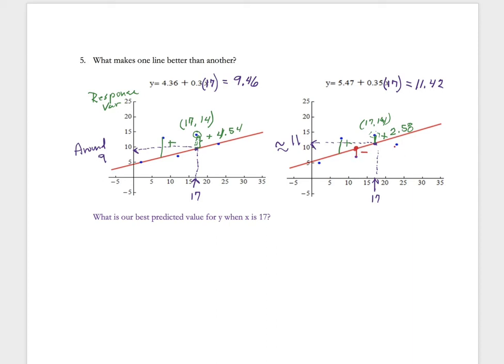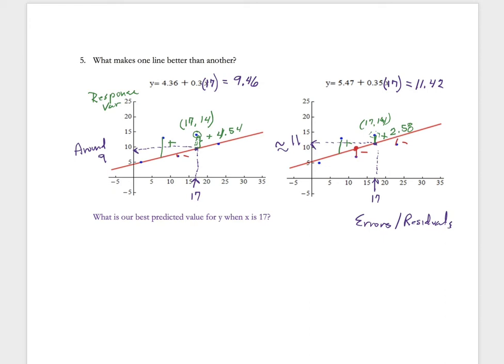We would have to move back down. Okay, so each of these errors can also be called a residual. Errors and residuals are the same thing.